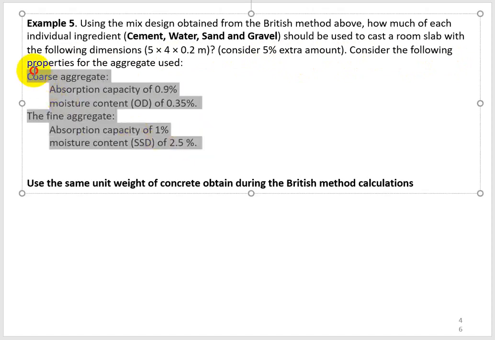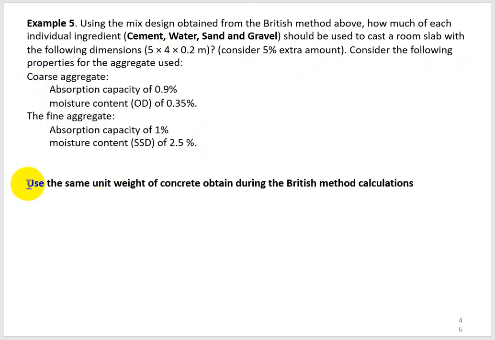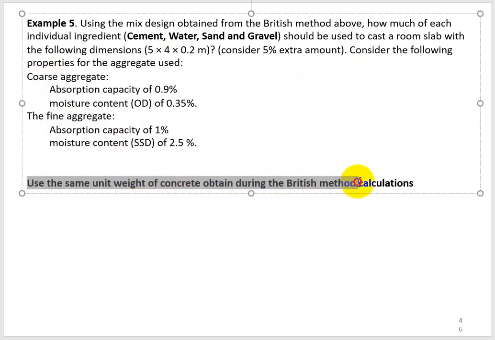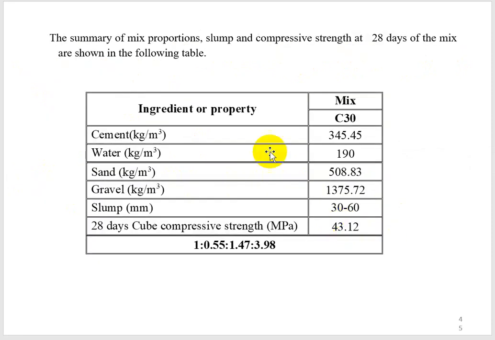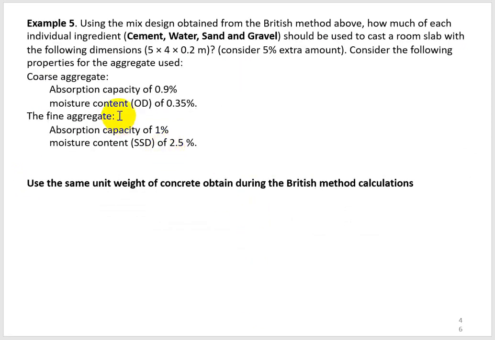So all the information you need is provided, and in our case you could use the same unit weight you have obtained from the British method. So whatever information you have derived using the British method, you can use it in example number 5.